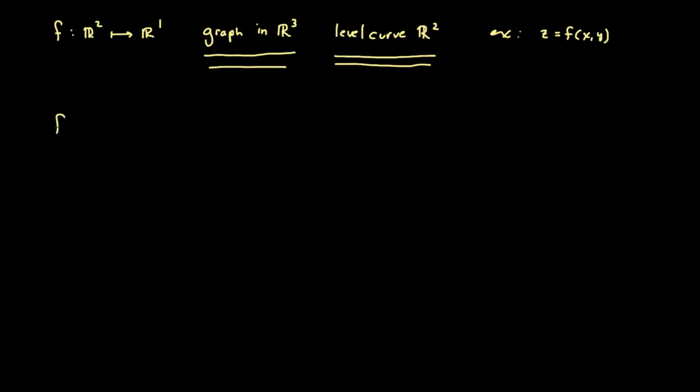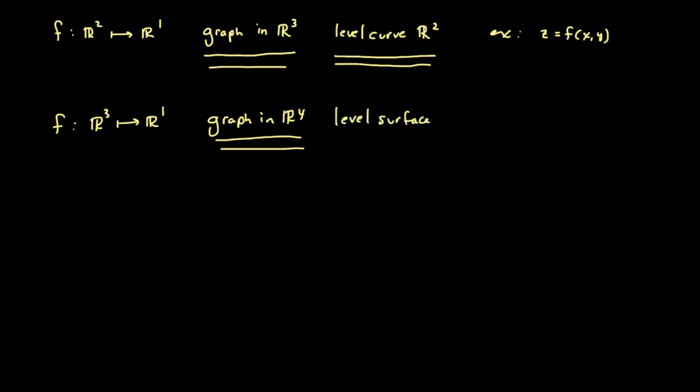So what we're going to talk about now are functions of R3 mapping to R1. That graph is in R4. Now I say graph loosely because there is no graph, and instead of a level curve, we're actually going to have a level surface. And that level surface is going to be a three-dimensional shape. So that's pretty cool. Again, those examples are W is a function of x, y, and z.